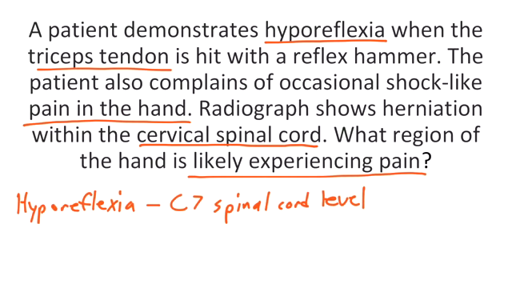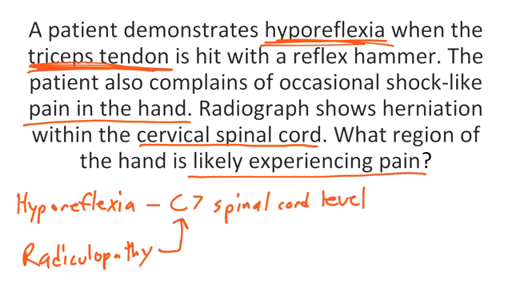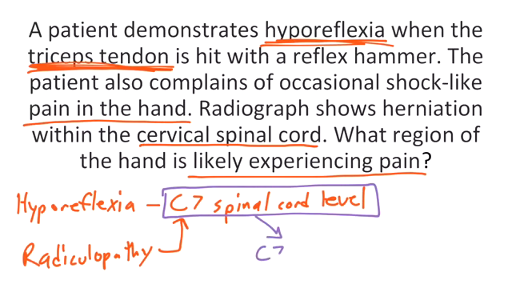Now, everything points to radiculopathy of the C7 spinal nerve because of the hyporeflexia of the triceps tendon, which is the C7 myotome. So if we are identifying the C7 spinal cord level as being the one that is damaged, then we would expect pain to be along the C7 dermatome.